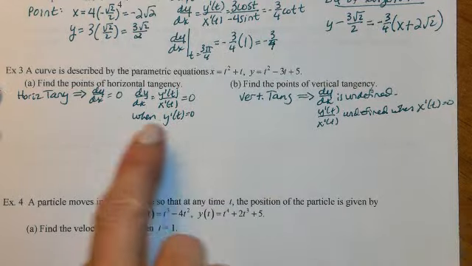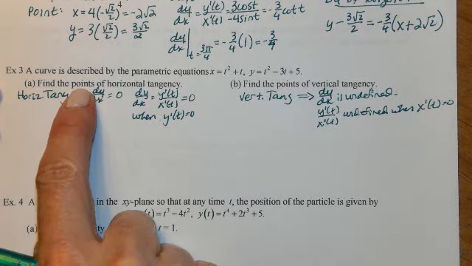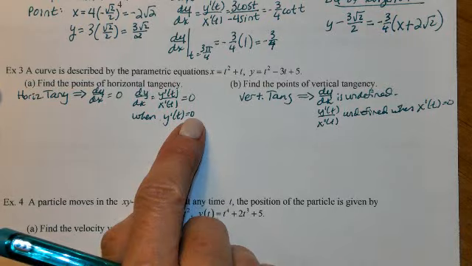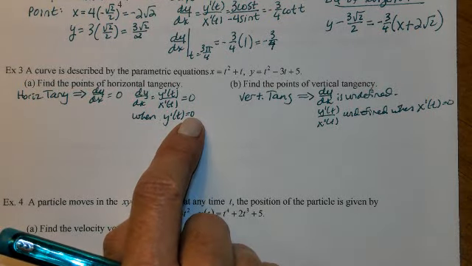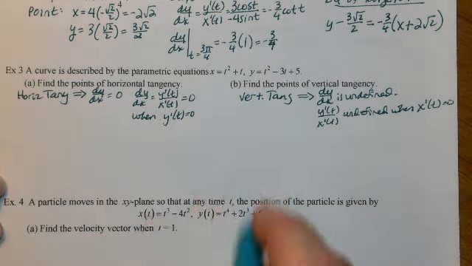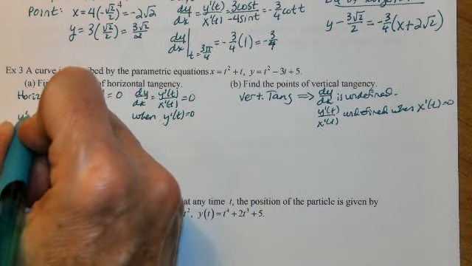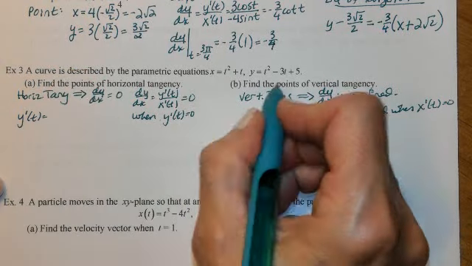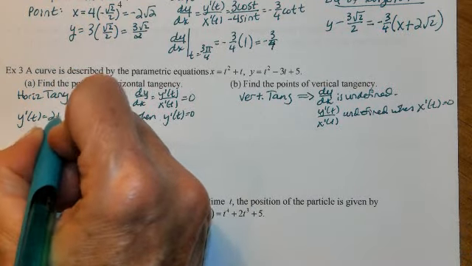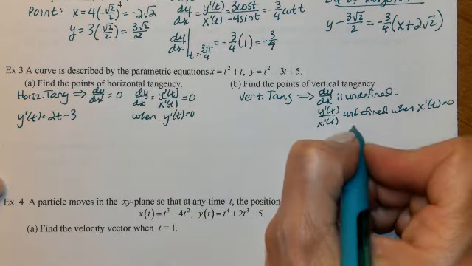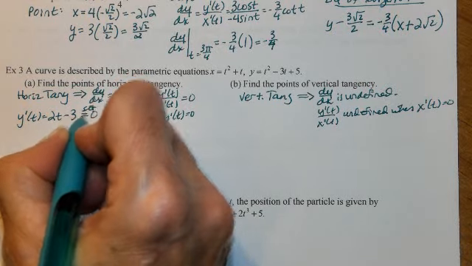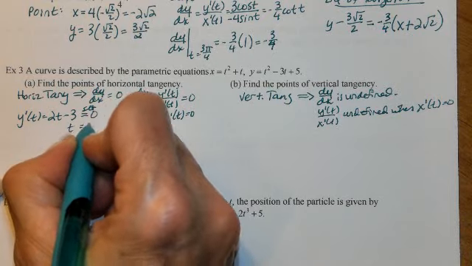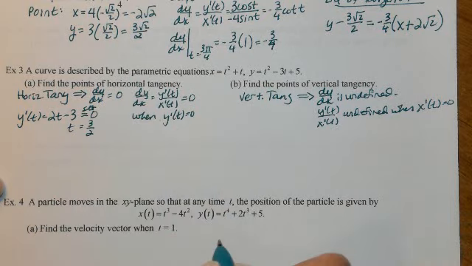So we need to find the points when y prime is 0, and we need to find the points when x prime is 0. Okay? So y prime is equal to 2t minus 3. Set that equal to 0. T is 3/2, right?